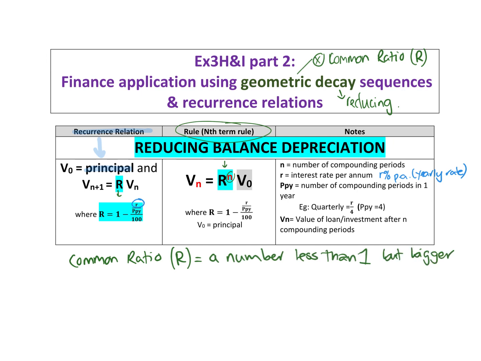Just pop in a little example so you get it. For example, it could be 0.9. It's less than 1 but bigger than 0.